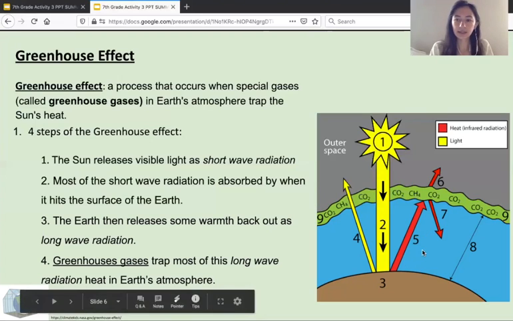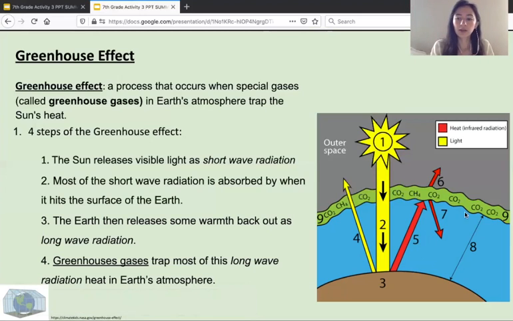This heat energy is released back out from Earth's surface and starts to travel back through the atmosphere out to space. But you see this green layer. That is step 4. Greenhouse gases, which float around in our atmosphere, like long wave radiation.